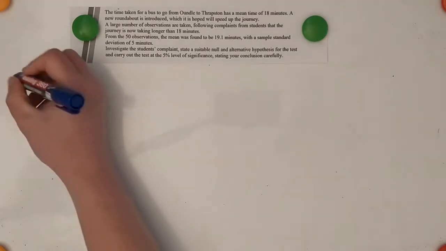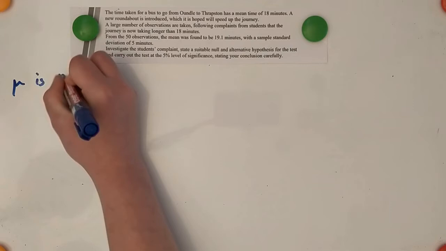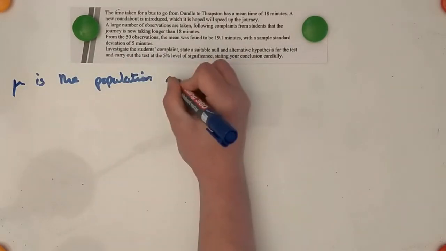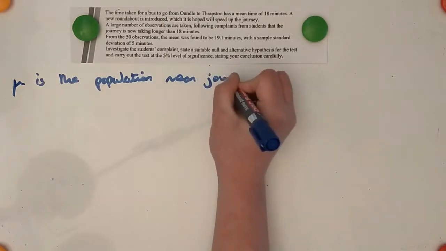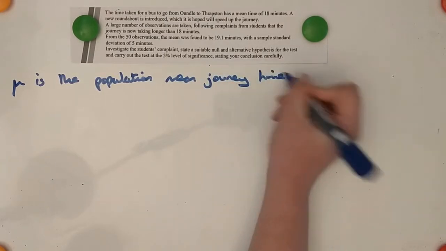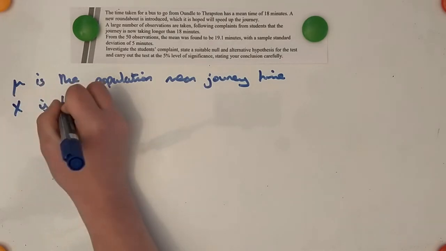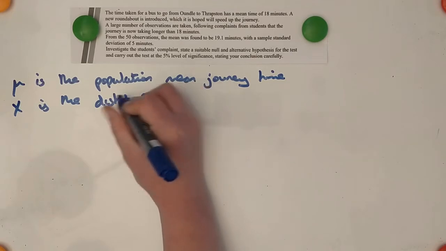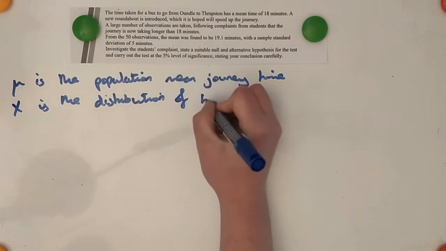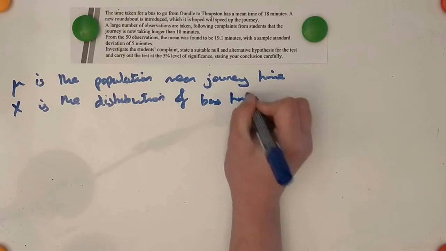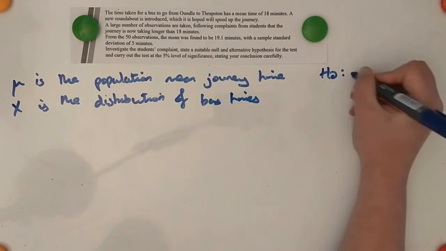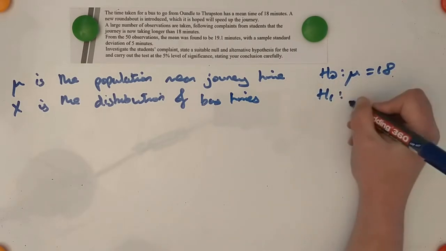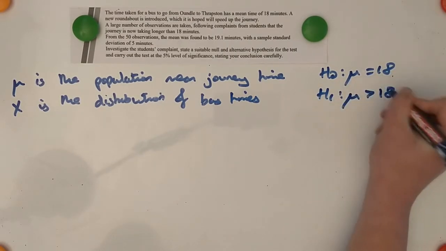So we start off as we normally do. mu is the population mean journey time, and x is the distribution of bus times, and our H0 is mu equals 18, and our H1, again this is a one-tailed test because the student thinks it's taking longer, so it's going to be mu is bigger than 18.